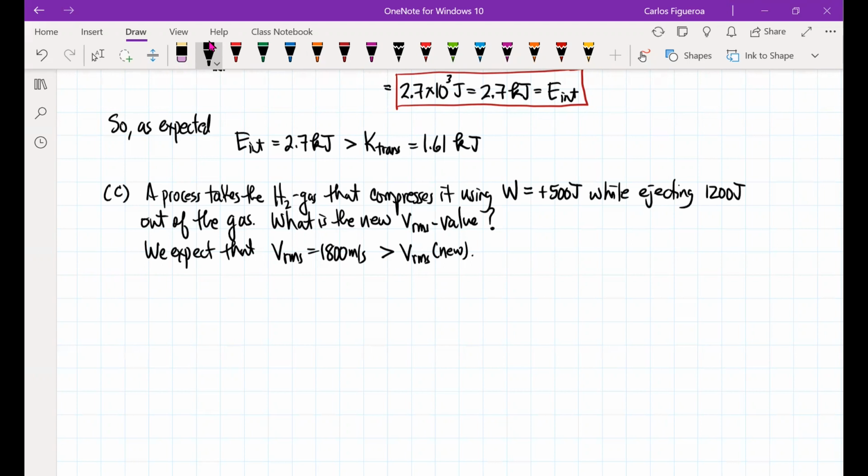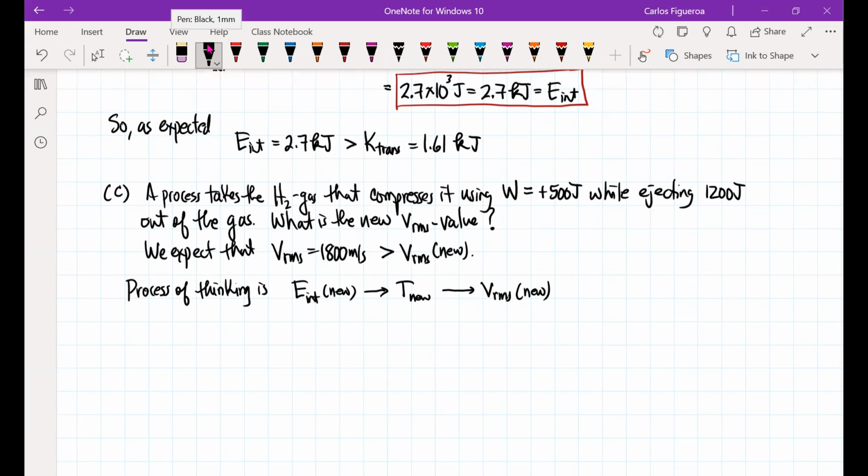From the temperature, I can then calculate the RMS. So my process of thinking is I calculate this new internal energy, which tells me this new temperature, and then from this new temperature, I can calculate this new RMS. So let's go do that.